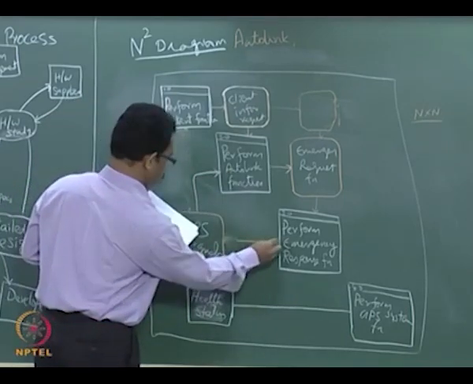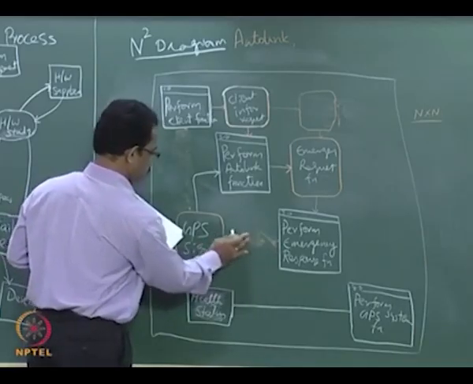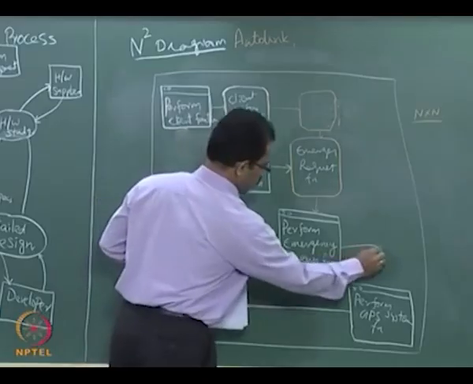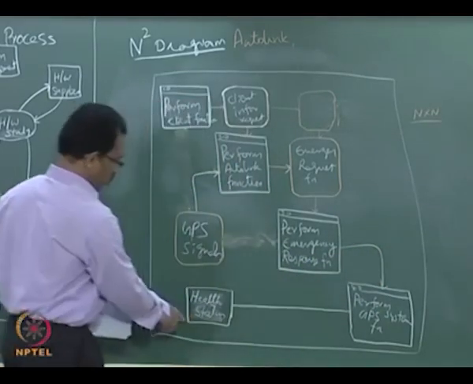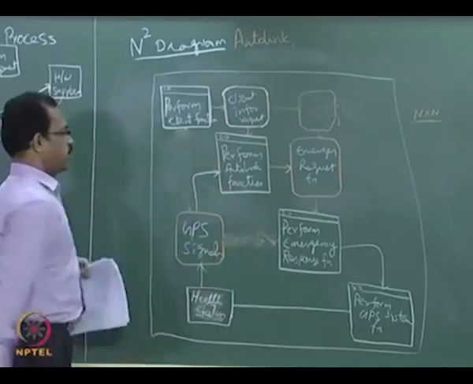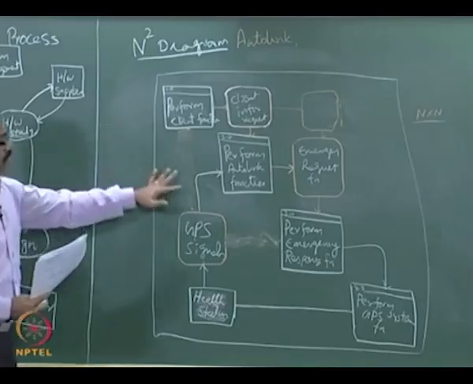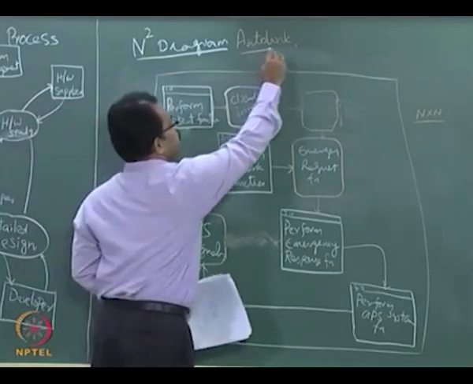Here the GPS data will be coming, and this information will be connected to this one, and this data will be coming over the health status, and then the GPS signals will be coming, and that will be communicated to the auto link function. So this is again the N2 diagram or the functional decomposition using an N2 diagram for an auto link system.